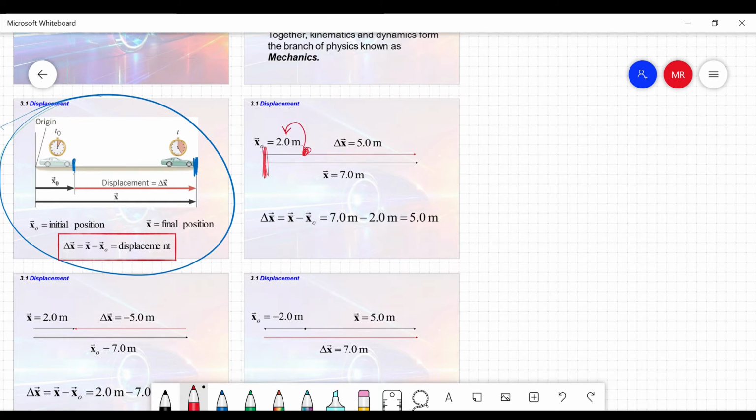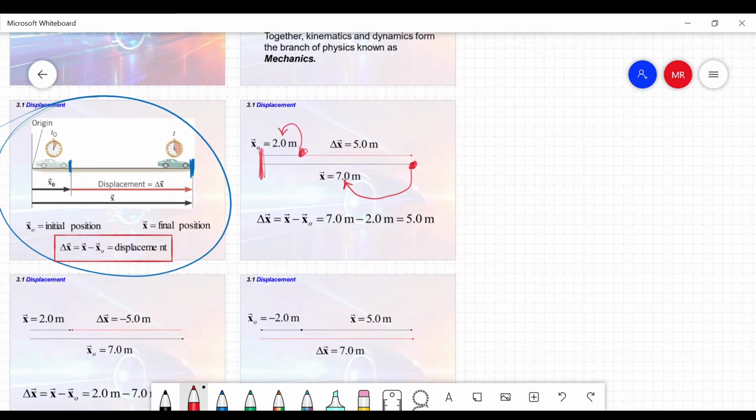And then the final position of the car at this point is 7 meters. Now, if we are to compute the displacement or the change in position of the car, then we need to use this equation delta x. Delta x is x minus x sub 0, the initial, is equal to 7 minus 2 meters. So the answer would be 5 meters.